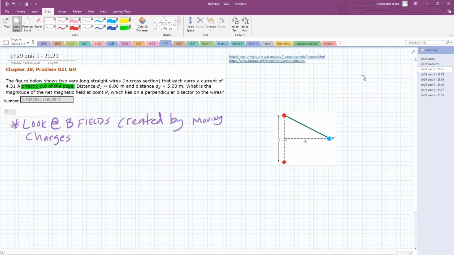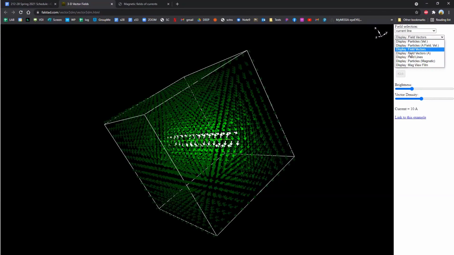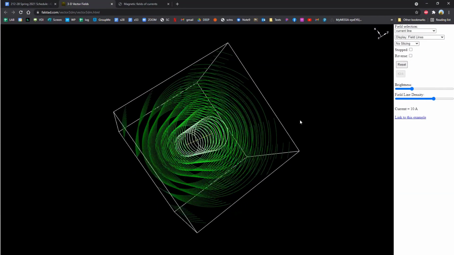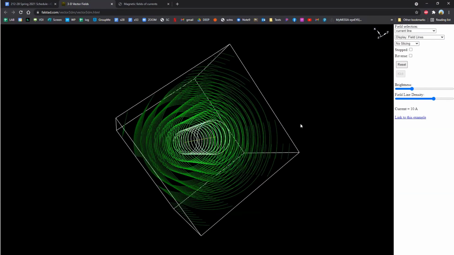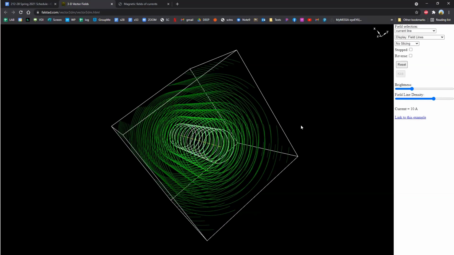Remember this picture, this visual right here, that a current-carrying wire is surrounded by concentric, outwardly radiating circles of magnetic field.